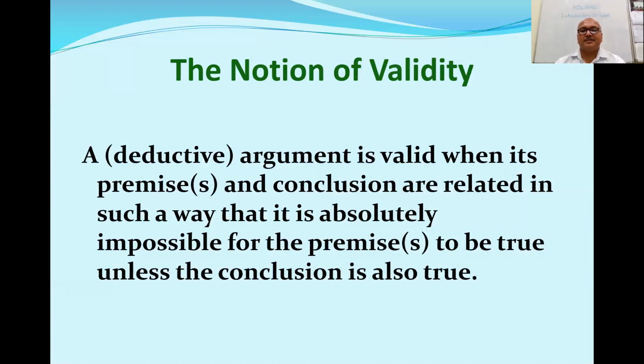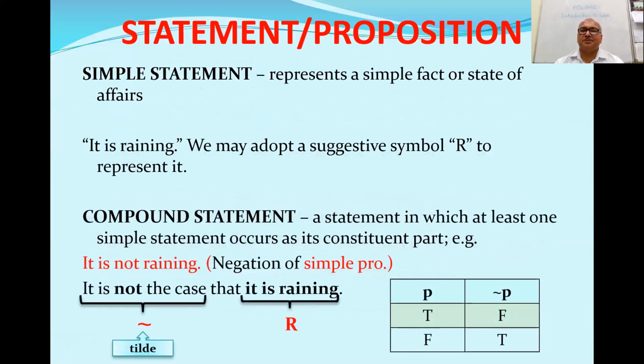To be able to do that, we need to start with something very simple: how statements are symbolized. And you know that all the statements can be divided into two broad categories. Some statements are simple statements, and some statements are compound statements, very complex kinds of statements. So we first try to define what is a simple statement.